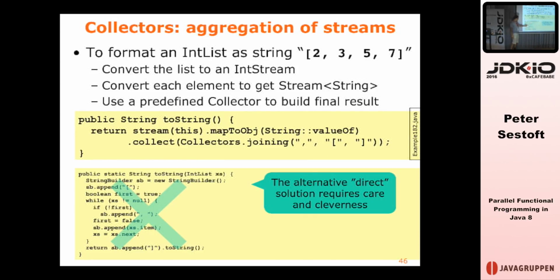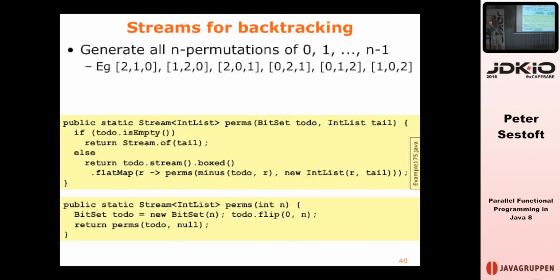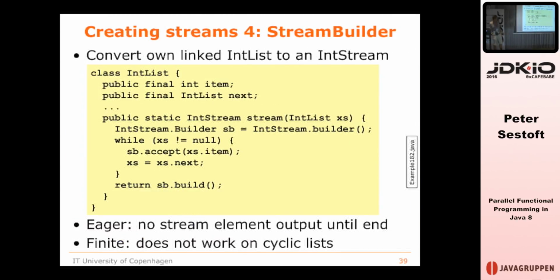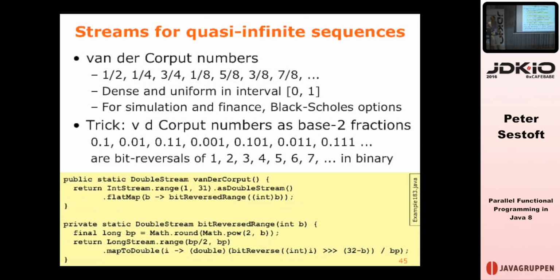Then you no longer ever need to write this complicated logic that handles the first or the last element specially. We just need to write the stream builder here, which is completely trivial because it loops over all the elements. And if you want to build a string, you can't build a string partially or lazily in Java, so you need to create the entire stream up front anyway. So nothing is lost here.